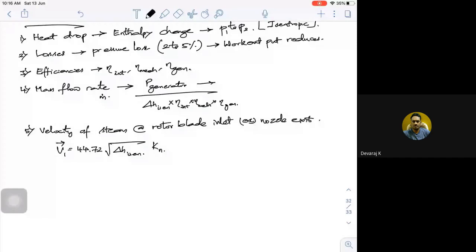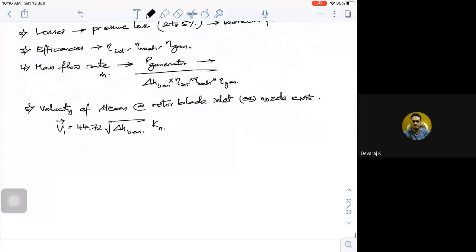Once you know this, I need to consider the fluid inlet angle, or we call it the flow angle. The flow angle, alpha 1 at the inlet, has to be assumed.